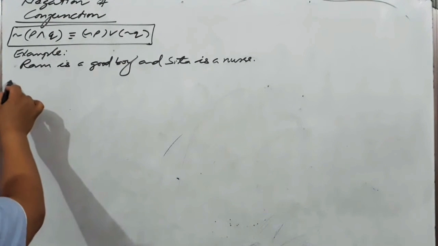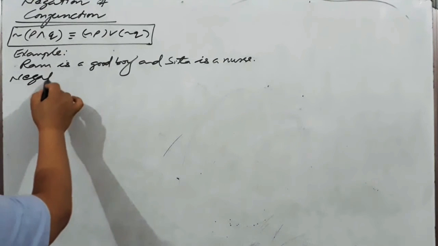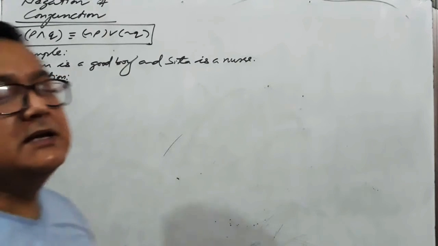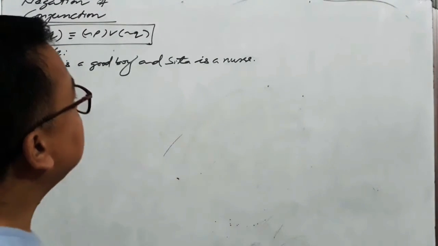Now how to make the negation? Don't try to make it directly. Ram is a good boy and Sita is a nurse.